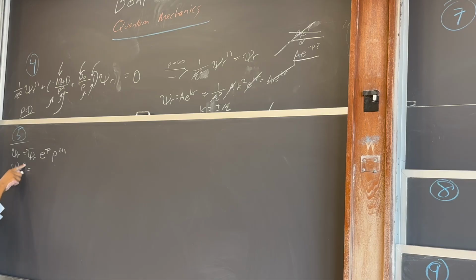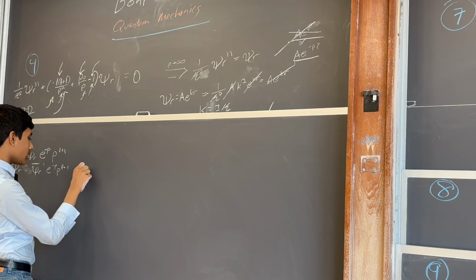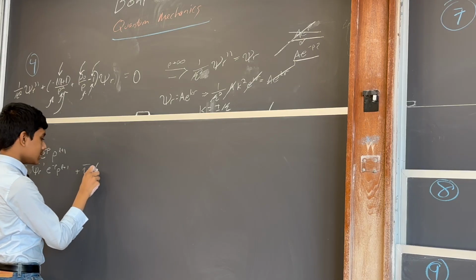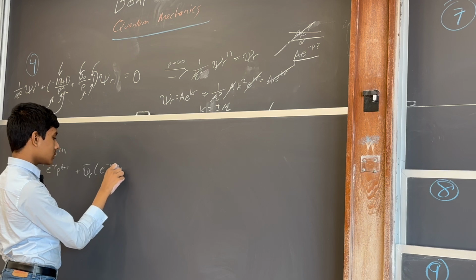We can't do the double prime just yet, since this requires repeated application of the product rule. Psi r single prime is going to be equal to psi r overline prime e to the minus rho rho to the l plus 1, plus psi r overline times e to the minus rho rho to the l plus 1.